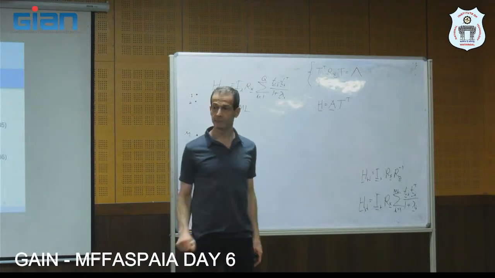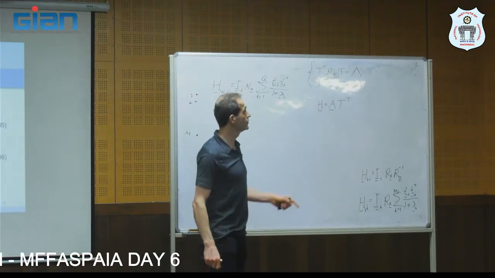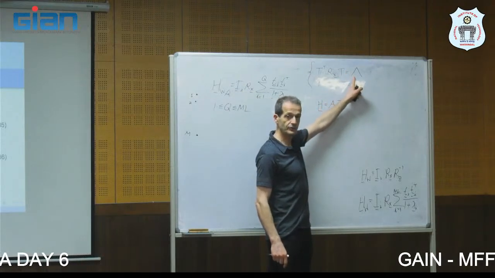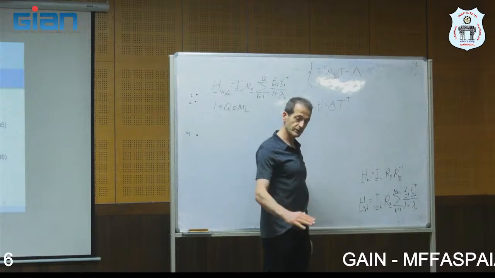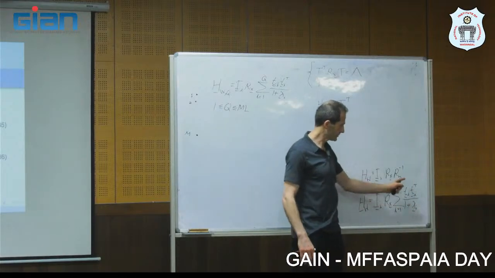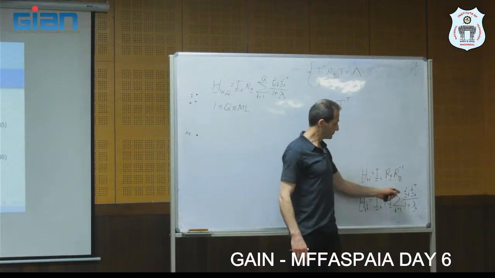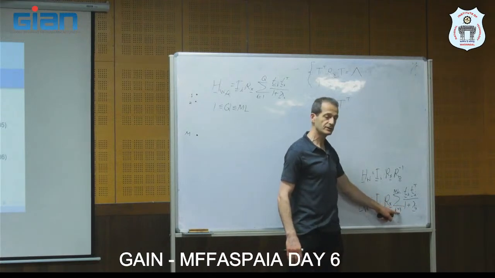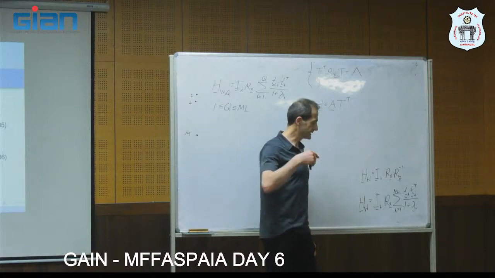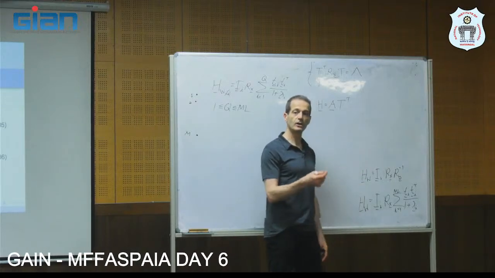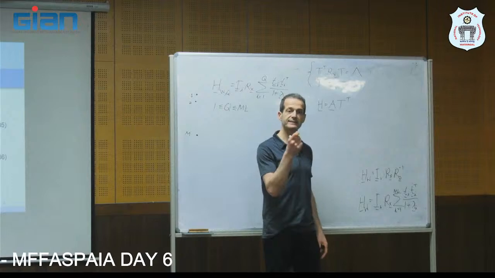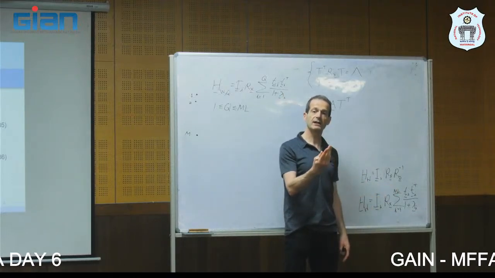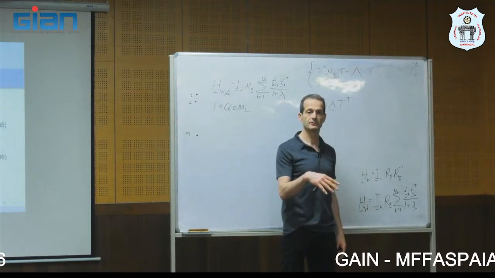And what I claim is that once you order the generalized eigenvalues in decreasing order of lambda, the first term, the second term, and the third term, the significance of the last terms is less important than the first terms.